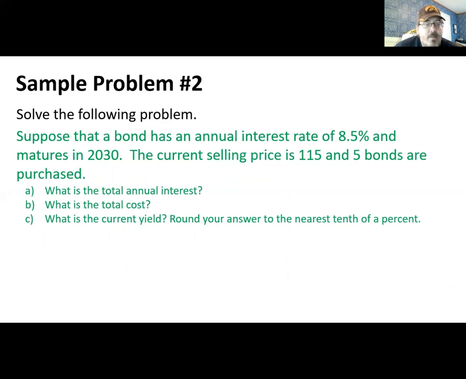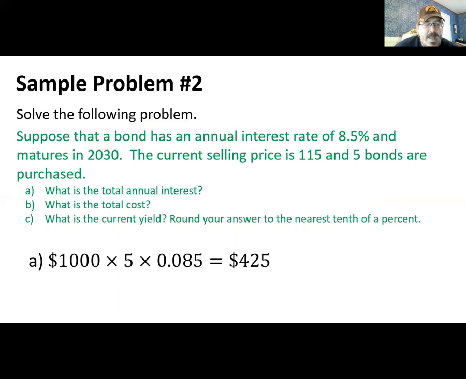Notice that the selling price is 115, and we have 5 bonds. For part A, to calculate the total interest, remember it's $1,000 per bond times 5 bonds, so that's 5,000 times the annual interest rate. That will tell you how much interest these 5 bonds will earn: $425.